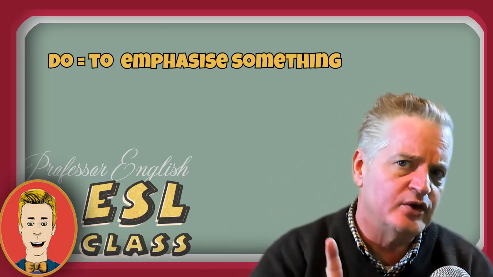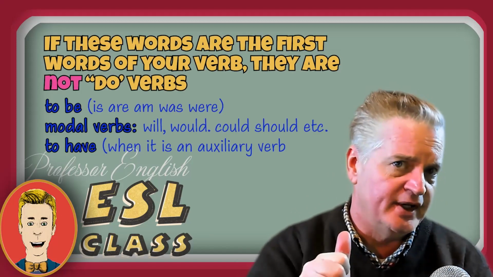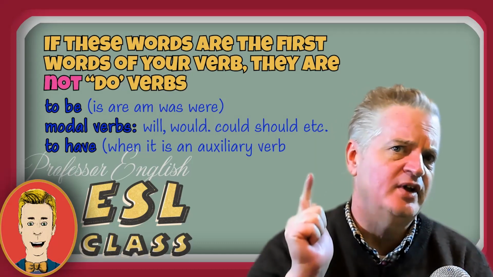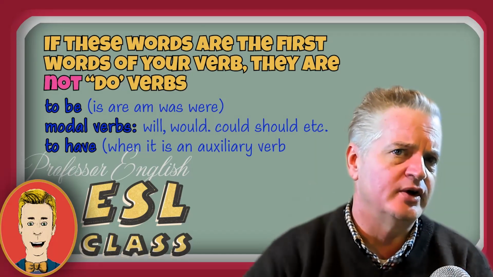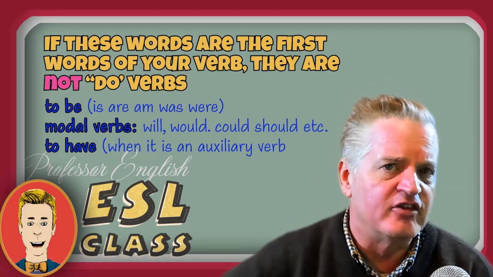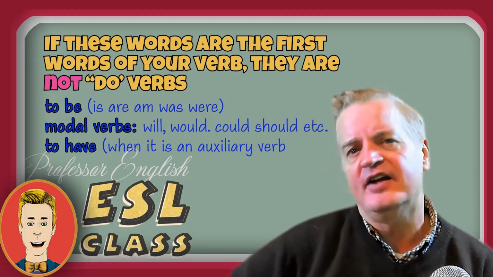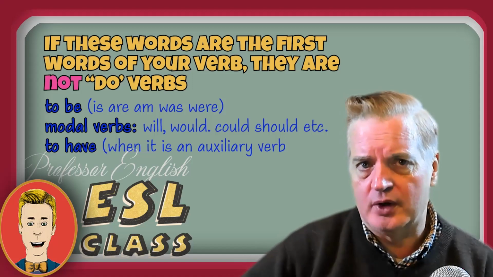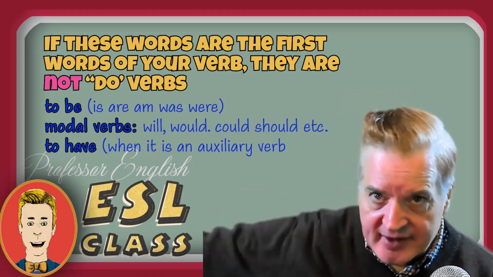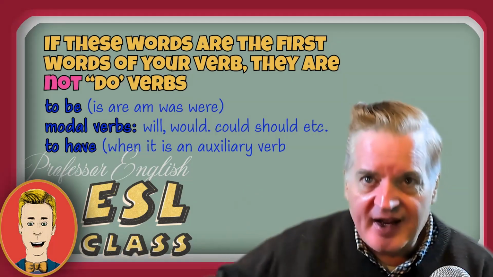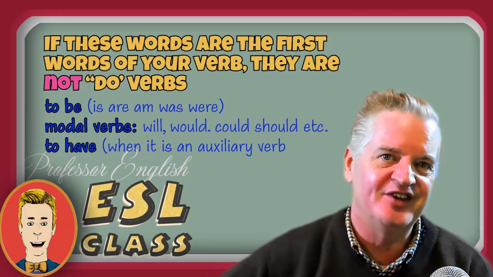The non-do verbs are the verb to be, is, are, am, was, were, and modal verbs like will, can, would, could, should, etc., and have when it is used like an auxiliary verb. If any of these words are the first word in your verb, you do not have a do verb. You do not have a do situation.